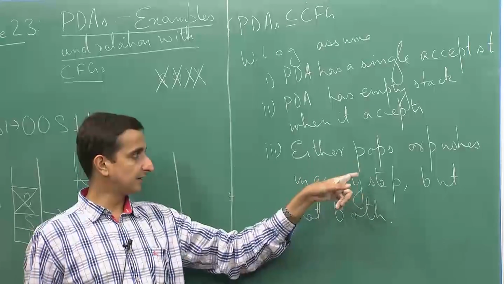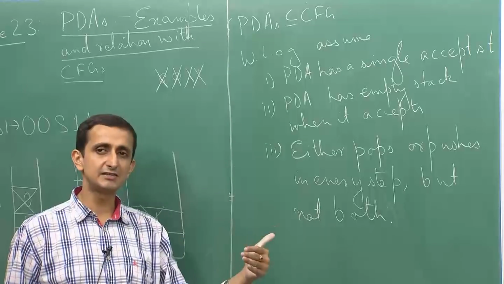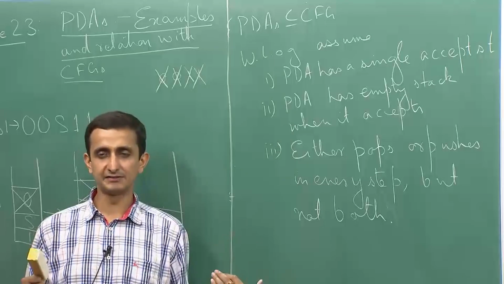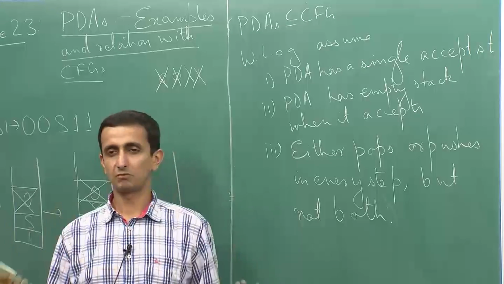To ensure that it either pushes or pops in every step, but not both: suppose it pushes as well as pops, we just divide this transition into 2 separate transitions, where in one step it pushes and in the next step it pops, or vice versa.